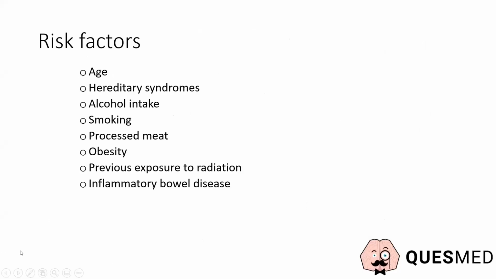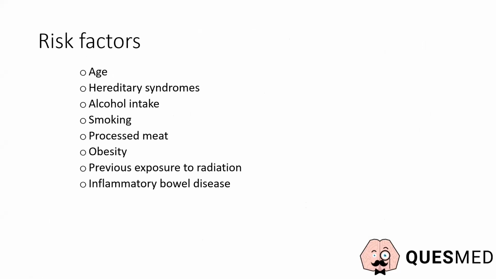And again, colon cancer is common. It's actually the third most common cancer in the UK for both men and women. There are risk factors associated with developing colon cancer, so increasing age, hereditary syndromes like familial adenomatous polyposis, HNPCC or Lynch syndrome, juvenile polyposis or Peutz-Jeghers.